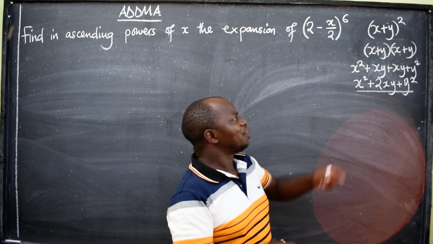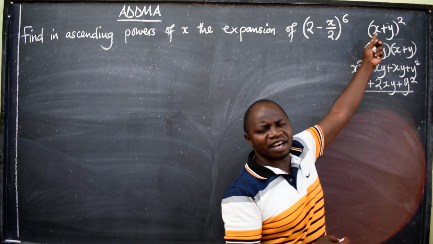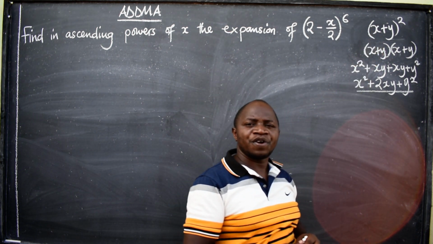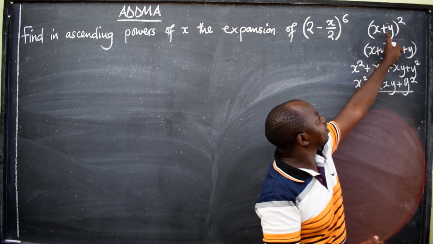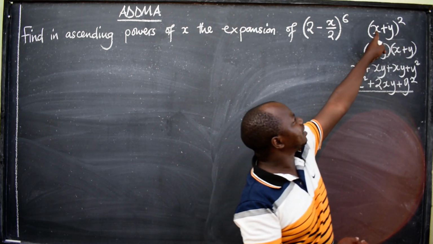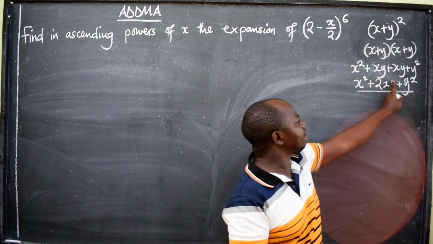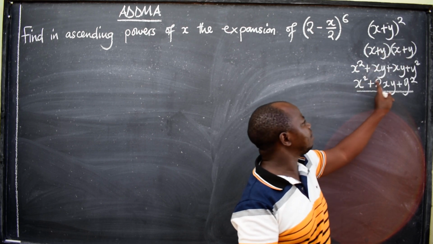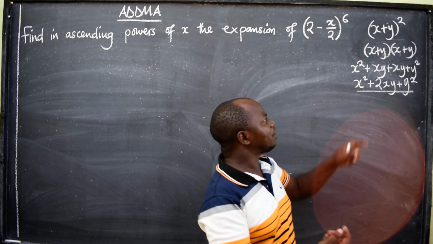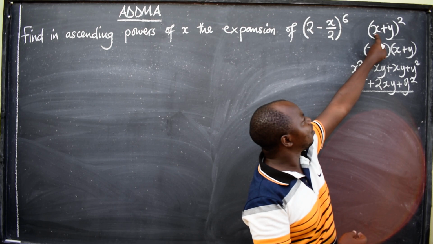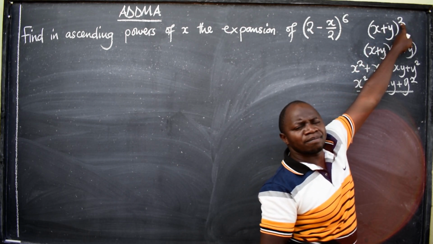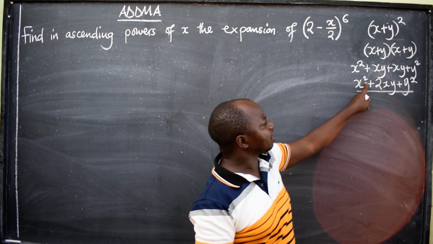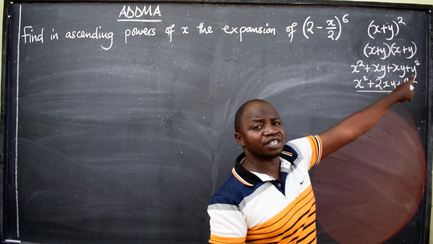Also, you can look at the behavior of the powers of these two terms. The first term, how is it behaving? Second term, how is it behaving? You can see that the first term will start with the same power, which is this one, and it will be reducing.